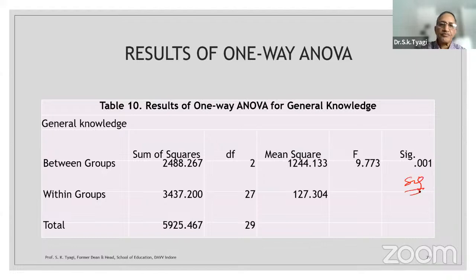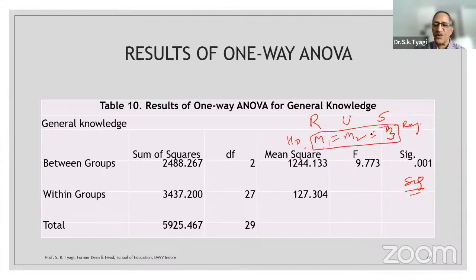Suppose the means are mean 1, mean 2, and mean 3. These three means are equal. This is the null hypothesis, and this null hypothesis is rejected. That means there is a significant difference in the mean scores of these three categories.